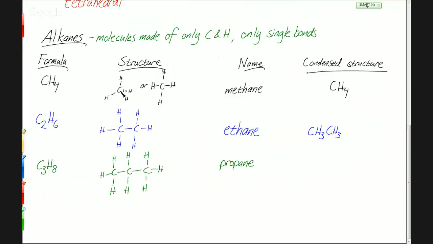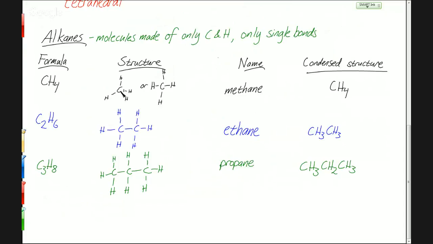And what do you think its condensed structure is going to look like? Yep, you got it. CH3, CH2, CH3. So we have 3 H on one side, 3 H on the second side, and this is between two. Right, and the 2 in the middle one. Everybody see where that comes from?